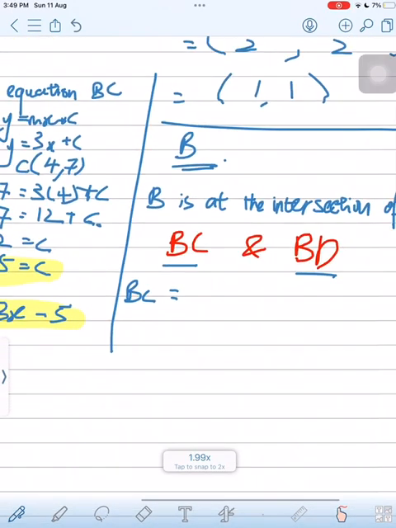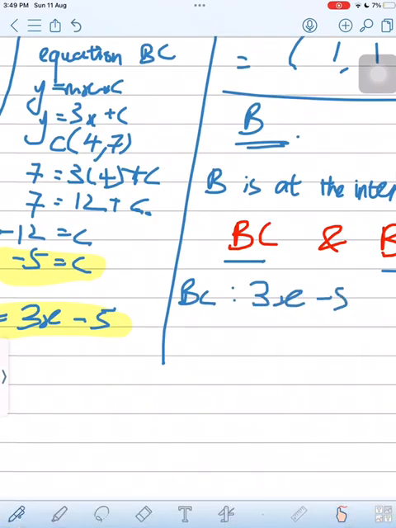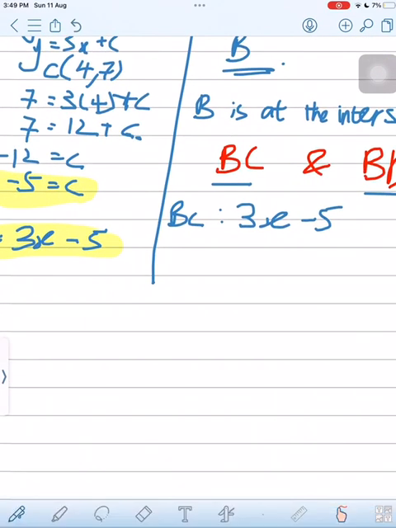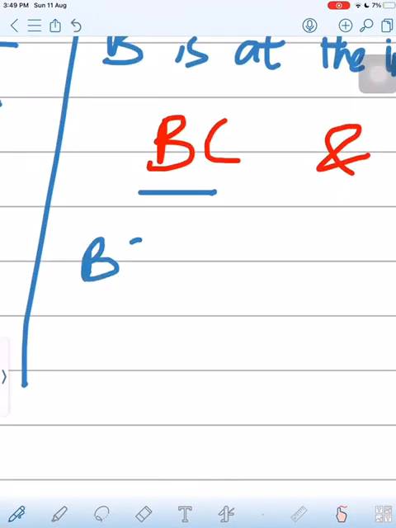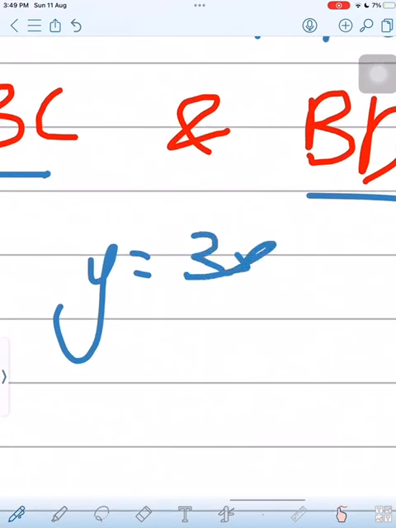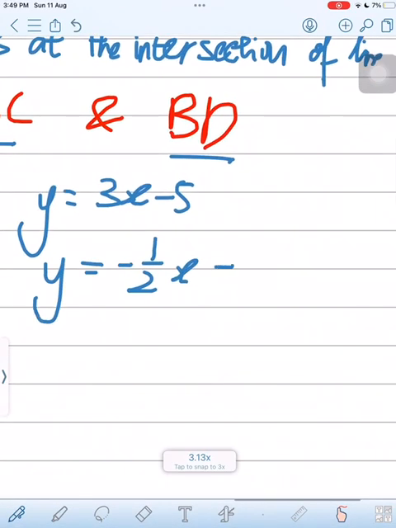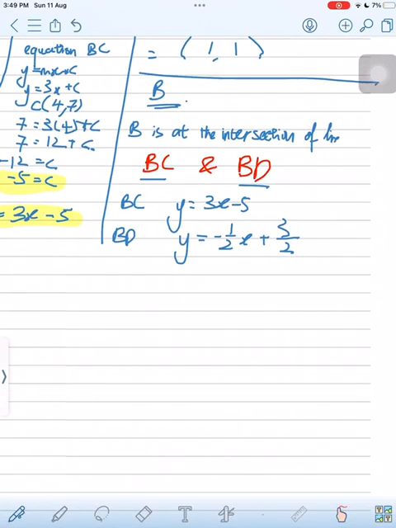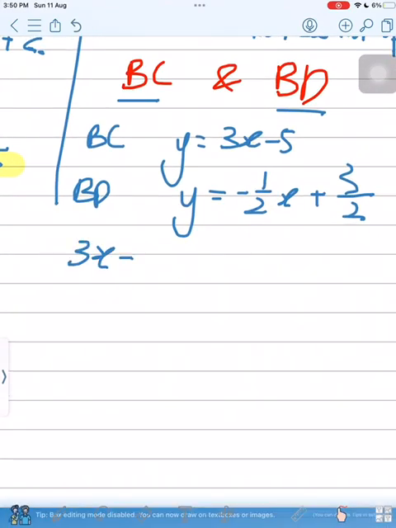The equation for BC that we did just now was y equals 3x minus 5, so we put that in, and we also put in the equation for BD, which is negative 1 over 2 x plus 3 over 2. Then we put both equations side by side and solve for x.